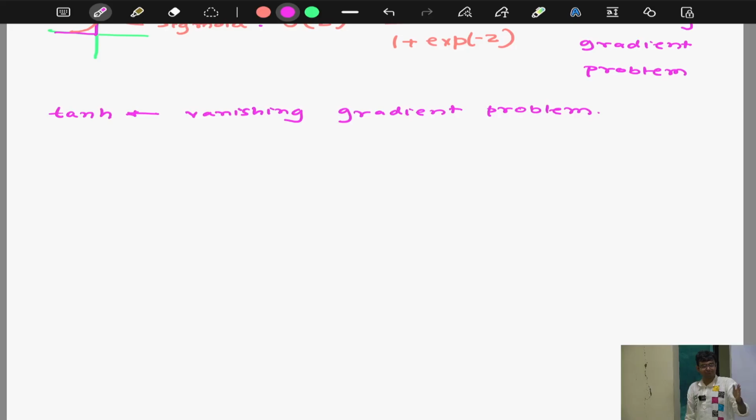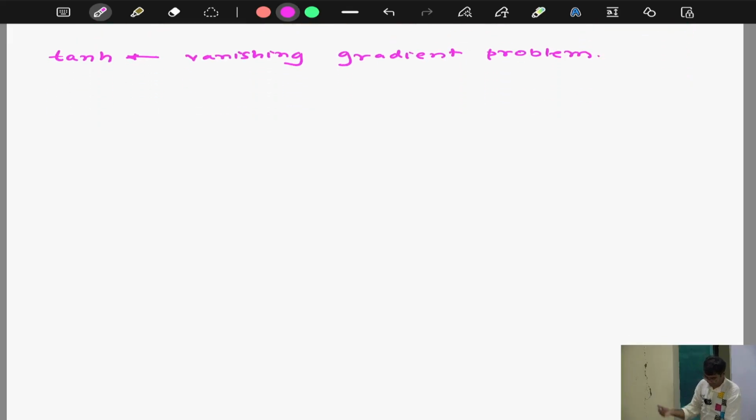So other activation functions start coming into the picture. By the way, I read one paper where there were around 180 activation functions. So you can imagine that people are still proposing new activation functions. Obviously, I am not going to discuss 180 activation functions, but after some time, ReLU came into the picture.